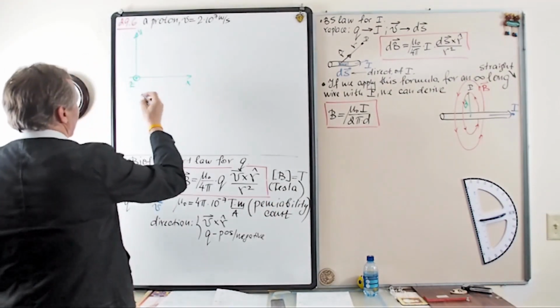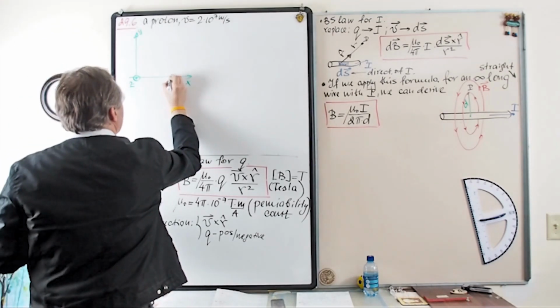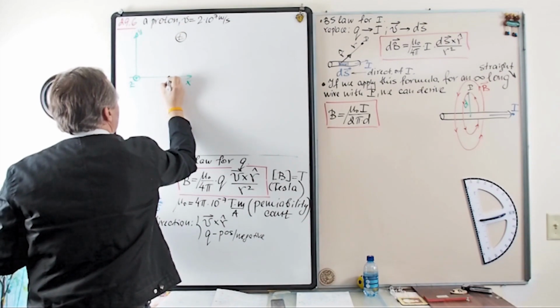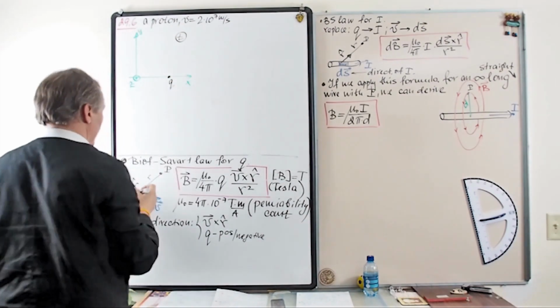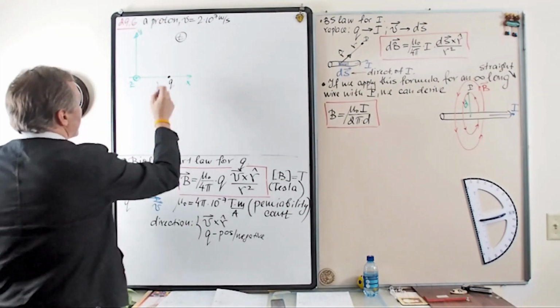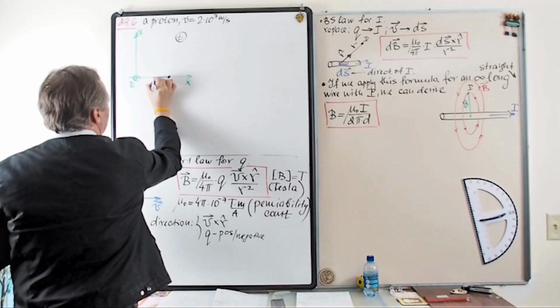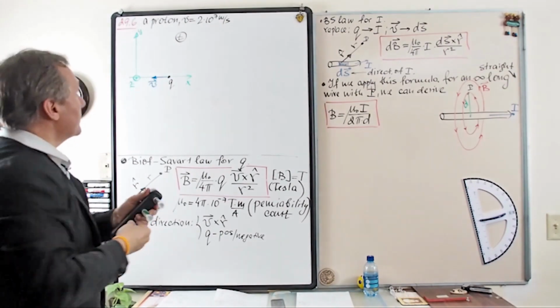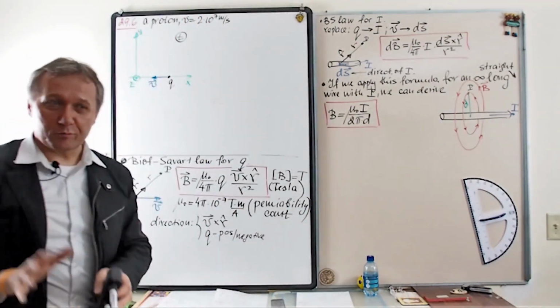Then our proton. Let's assume at this particular moment of time t, the proton is over here. That's our charge q, which flies this way with velocity v, which I already wrote down.